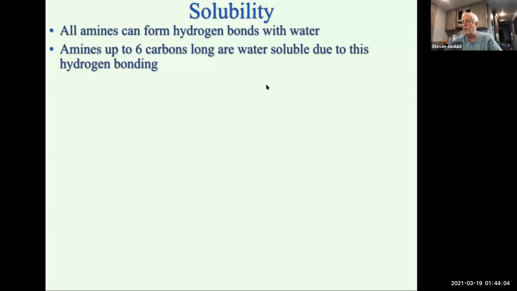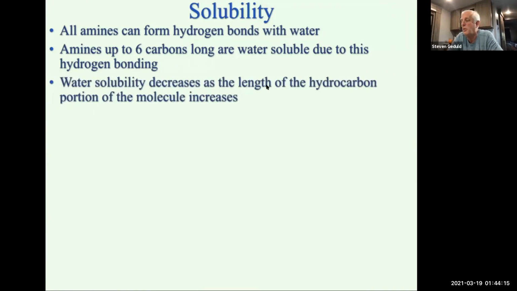All right. So amines up to 6 carbons long are water soluble due to the hydrogen bonding. But the longer it gets, the less soluble it becomes. Water solubility decreases as the length of the hydrocarbon portion increases.